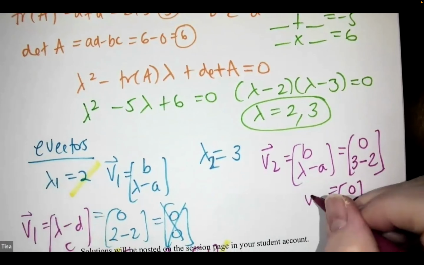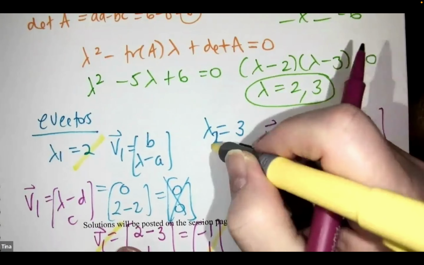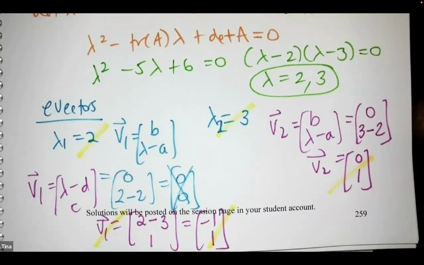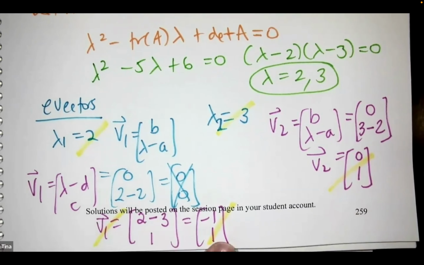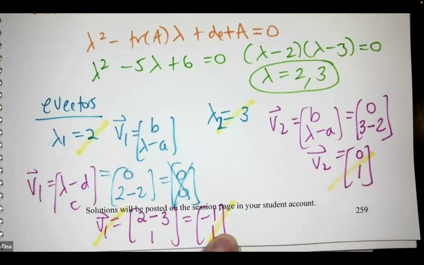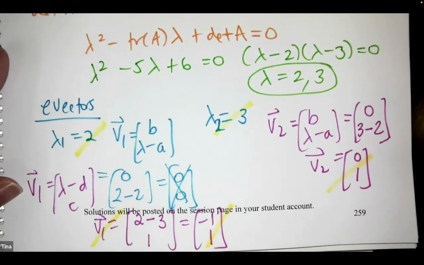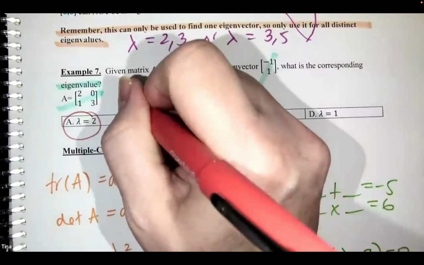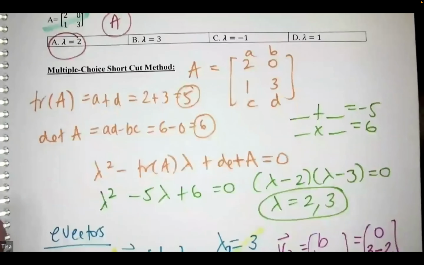So 0, 1 is my second eigenvector that corresponds to eigenvalue lambda equals 3. The question wanted to know what eigenvalue went with negative 1, 1. That eigenvalue was 2. So that's the answer.